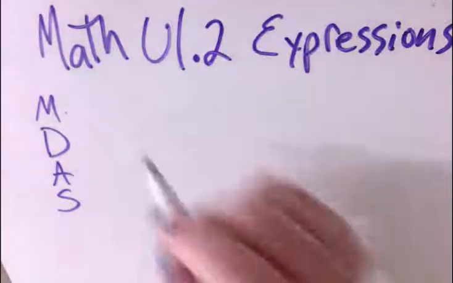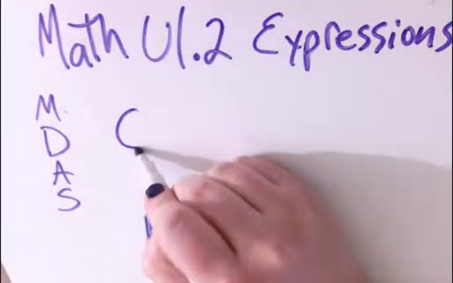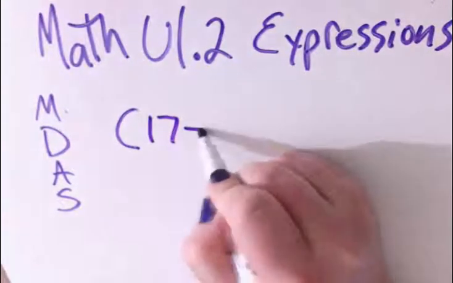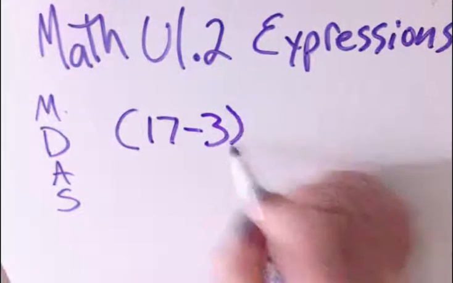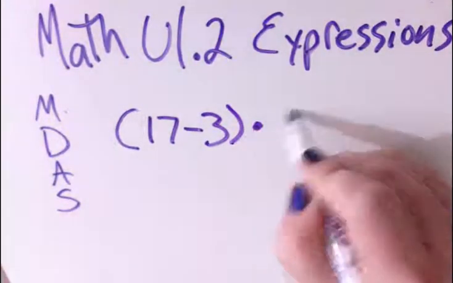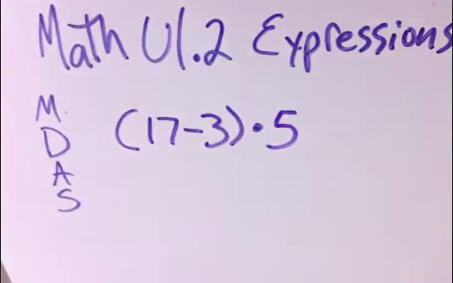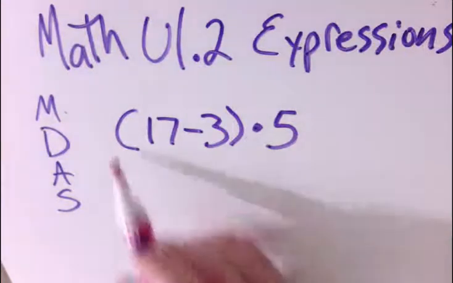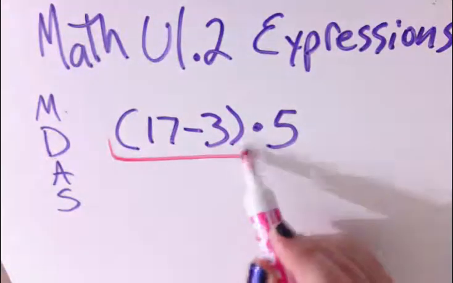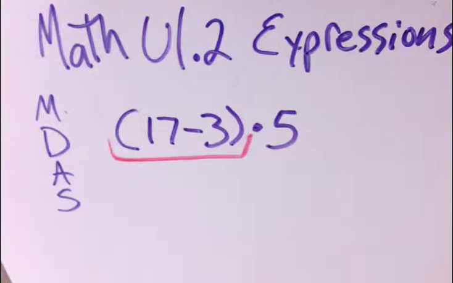So another example here. So we have in parentheses 17 minus 3 times 5. So you always do what's inside the parentheses first. So that's going to be our first step.